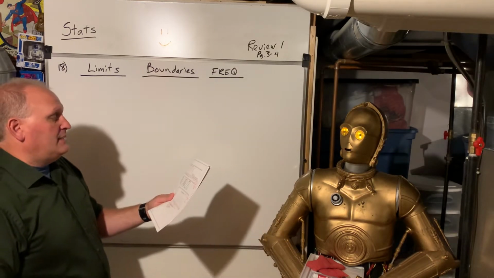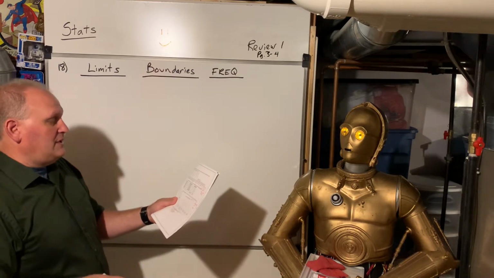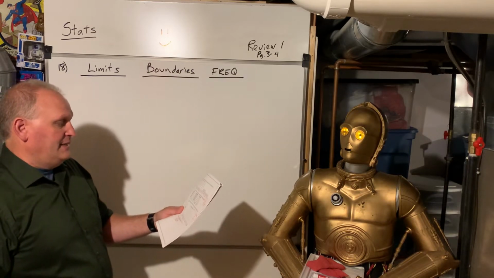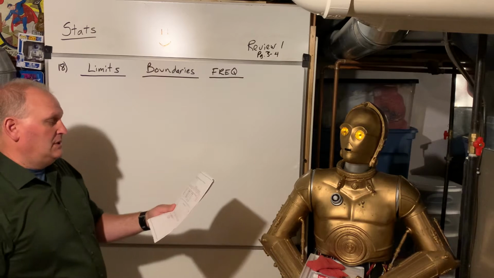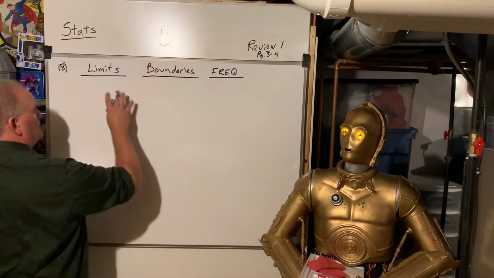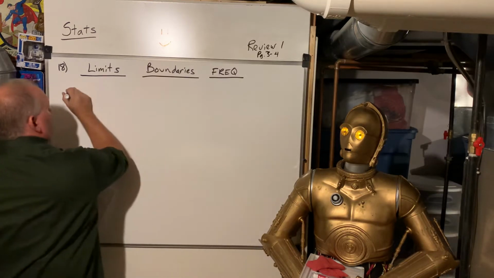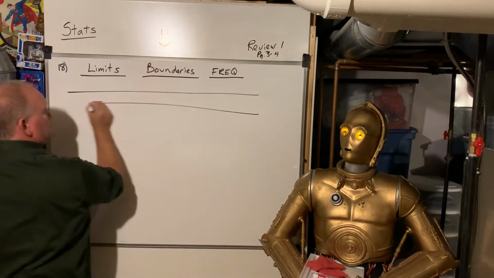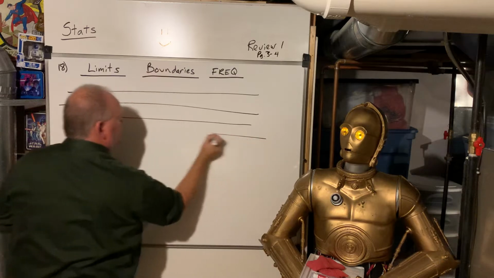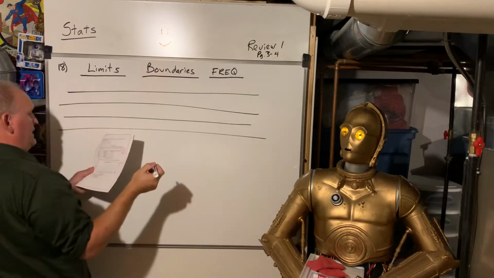They want us to put these 30 pieces of data into a frequency table. So first we have to get the limits, then the boundaries, and then how frequently each one occurs, all right? So let's do that.